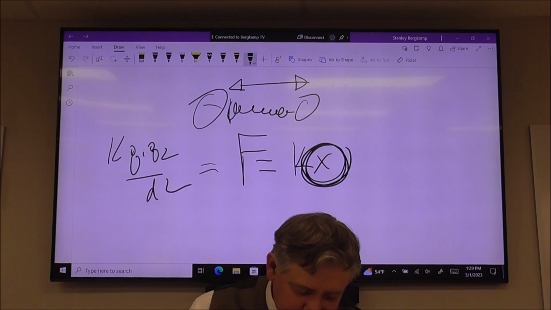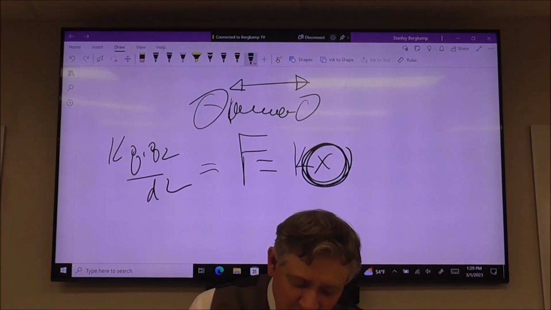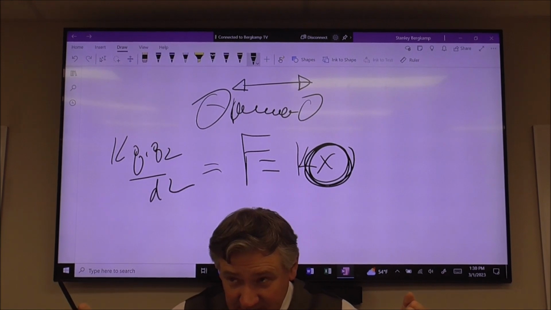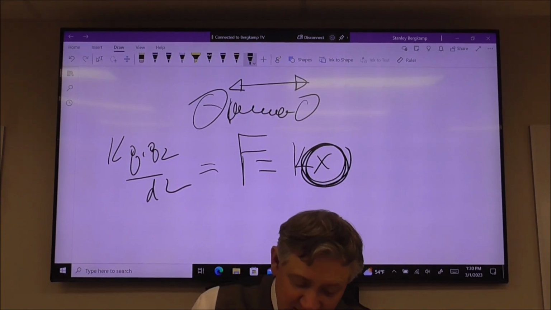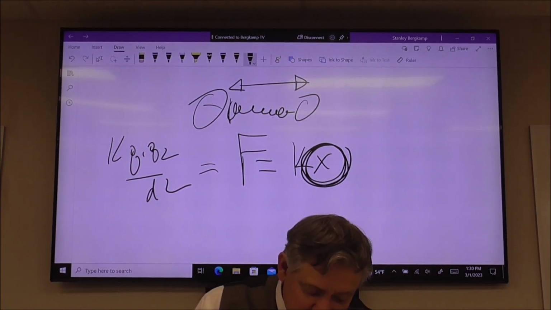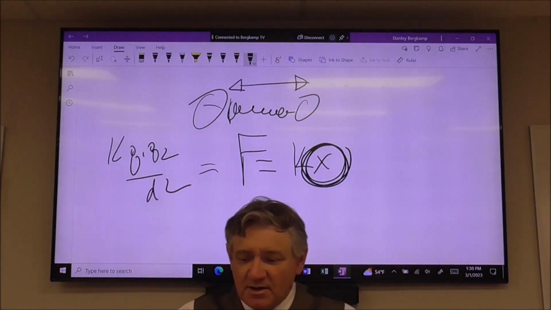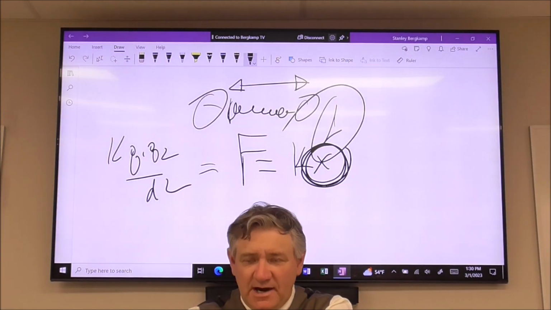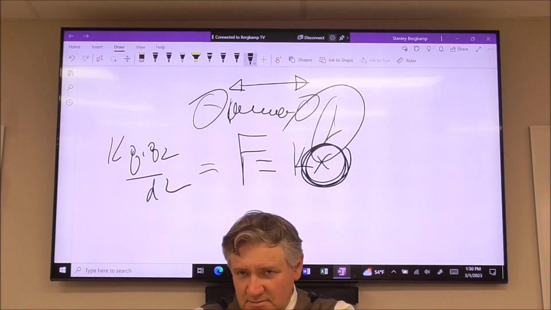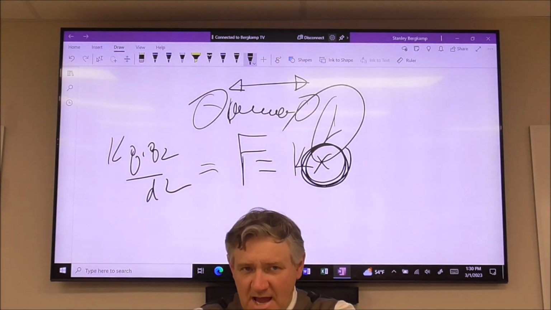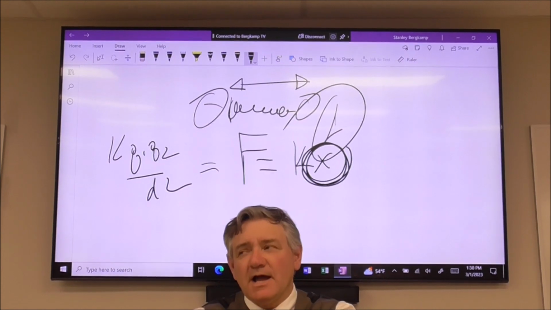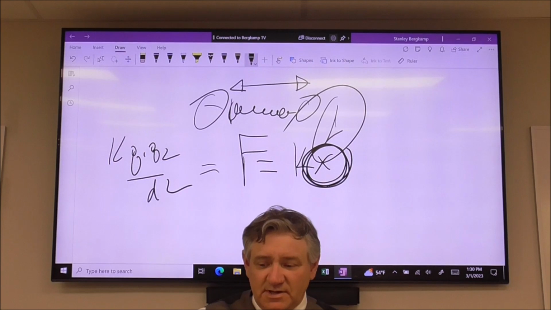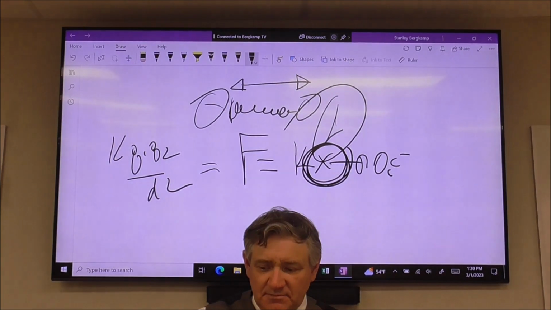It says this causes the unstretched spring to stretch to a length of 4.5 centimeters. So do I put in 4.5 centimeters, or do I put in a half a centimeter? You do the difference, half a centimeter, because that's how far it's going to stretch.